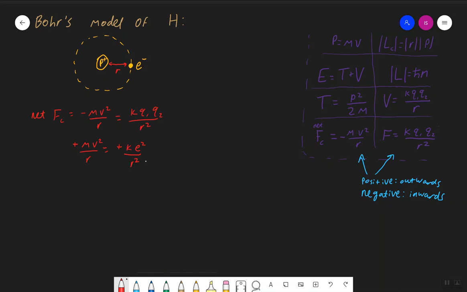Okay, so now, if we want to multiply through by r squared, we get mv squared r equals k e squared over r squared. Oh, sorry, no, we're multiplying through by r squared, so we just get k e squared.